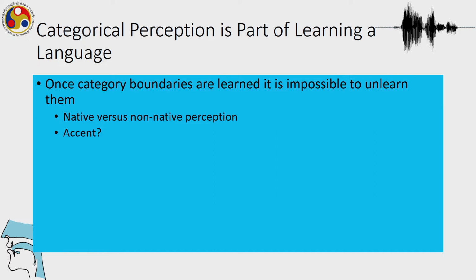This results in what we know as native perception versus non-native perception. Once the category boundaries become fixed, it becomes very difficult to unlearn those boundaries and learn other sounds, and this is also supposed to lead to accent in speakers because of the early perception of category boundaries.